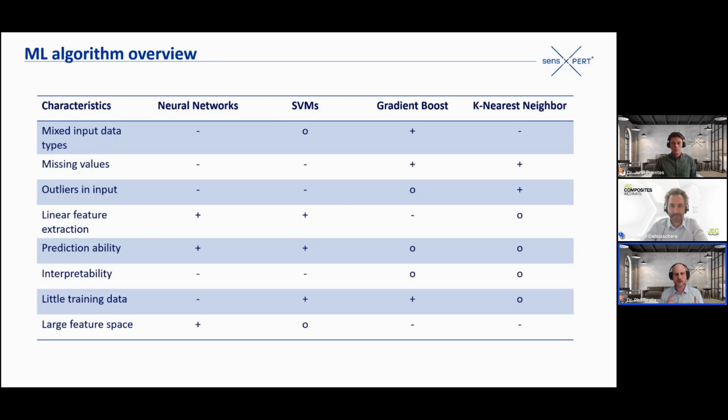So these ones are some of the methods that are still applied nowadays, and each of them has specific advantages and disadvantages. So depending on the customer and depending on the data at hand, it might not always be the best choice to go with deep learning. Sometimes something like gradient boost or also support vector machine is the better choice depending on the data that you have.